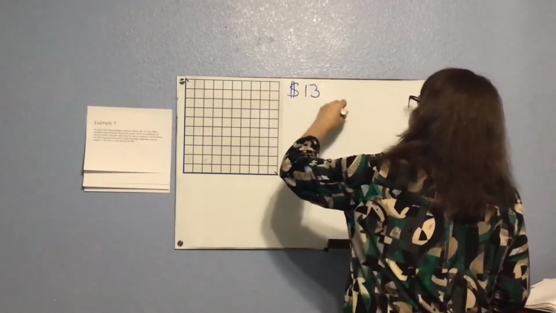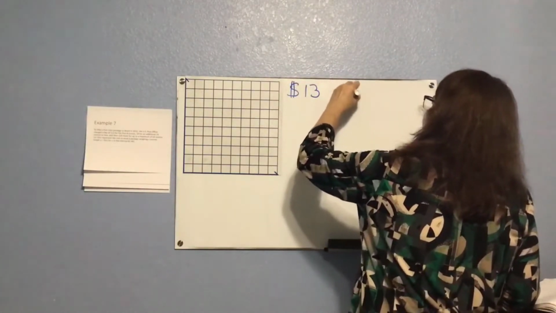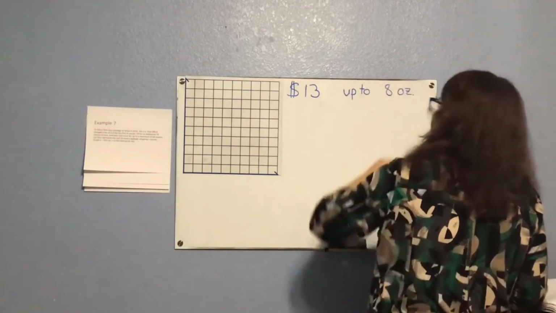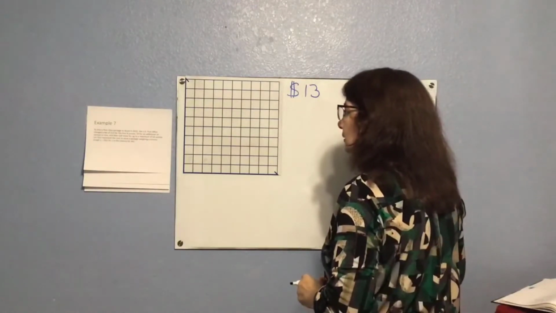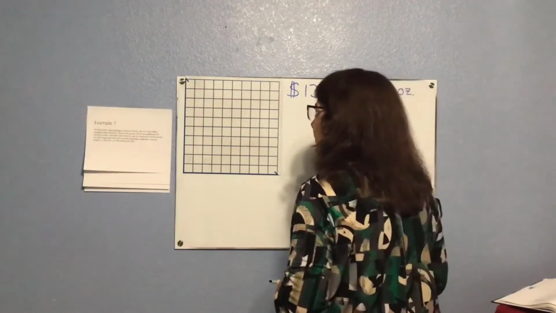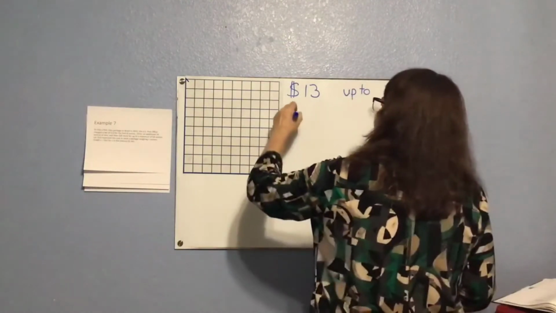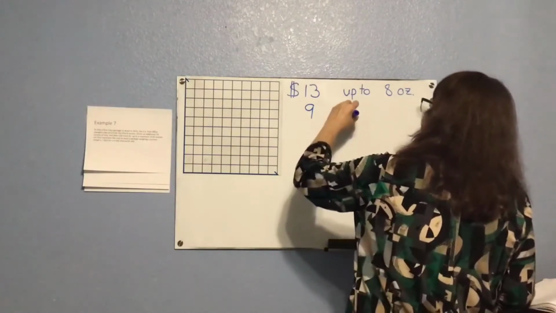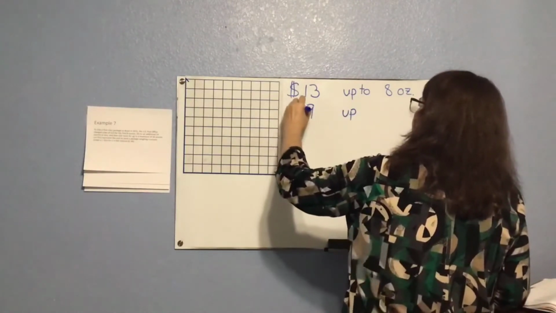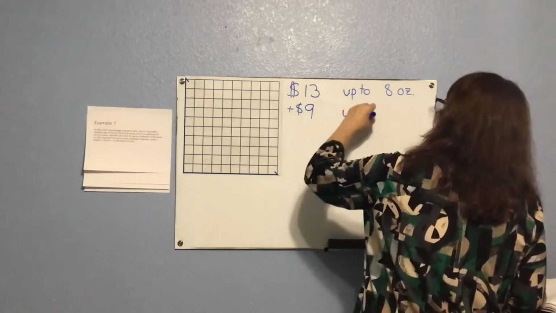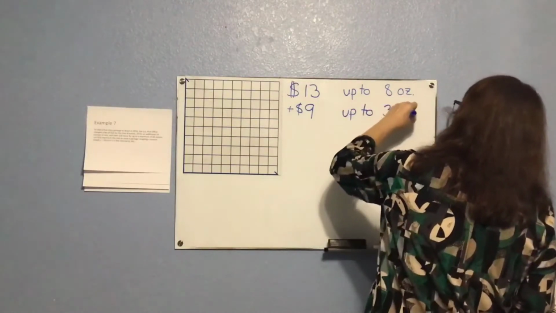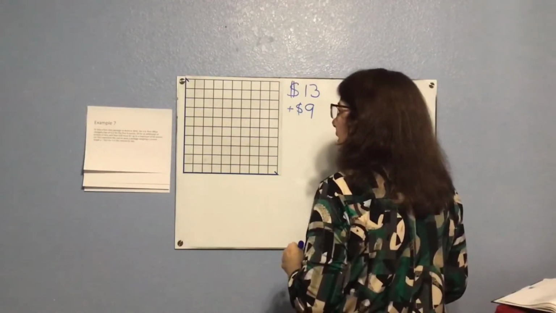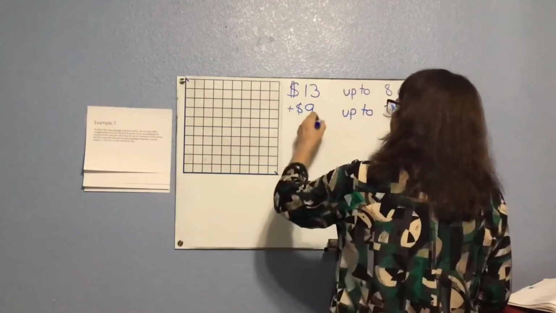So $13 up to 8 ounces. $9 for an additional 24 ounces. So 24 more than this would be, we're going to say plus $9, up to 32 ounces. And then $20 more for a maximum of 64 ounces.